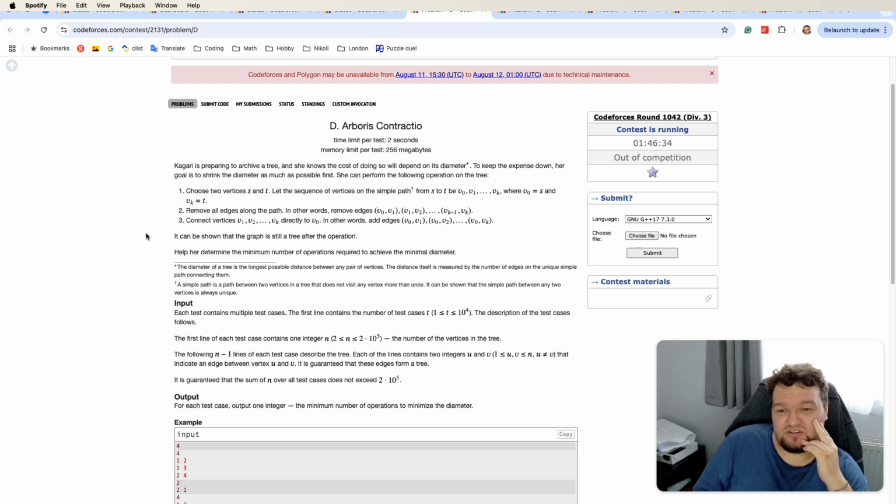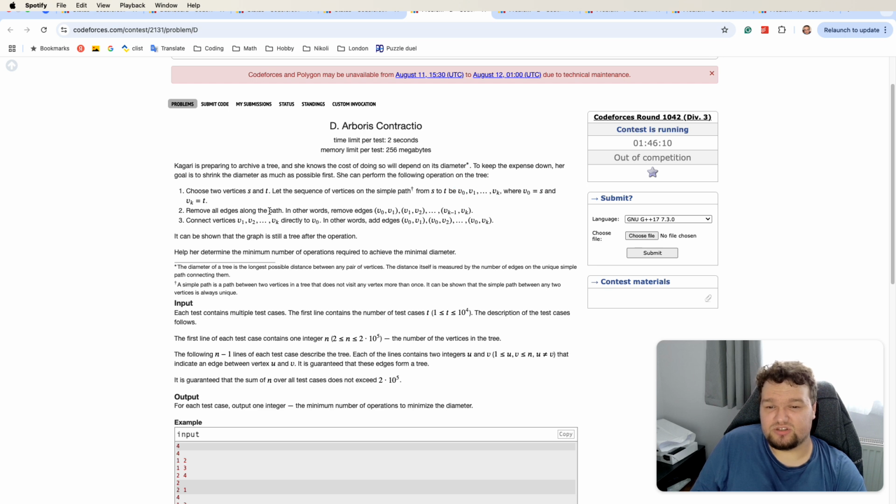Kagari is preparing to archive a tree and she knows the cost of doing so will depend on its diameter. To keep the expense down, her goal is to shrink the diameter as much as possible first. She can perform the following operation on the tree. Choose two vertices S and T, let the sequence of vertices on the simple path from S to T be V0, V1, ..., Vk.